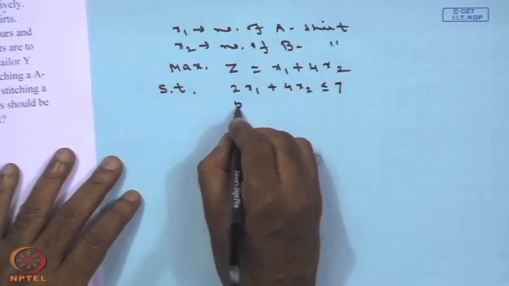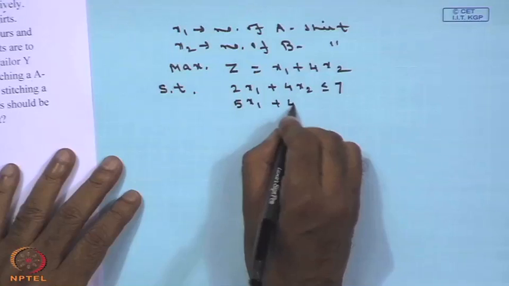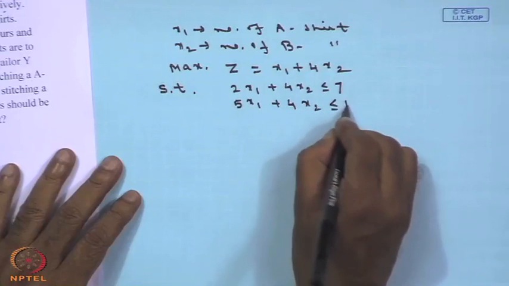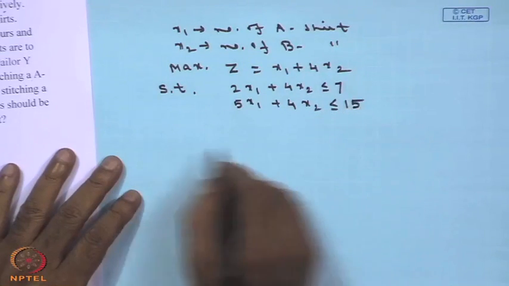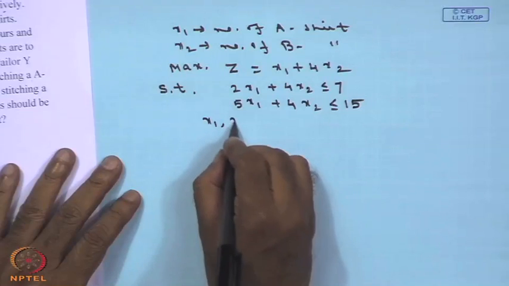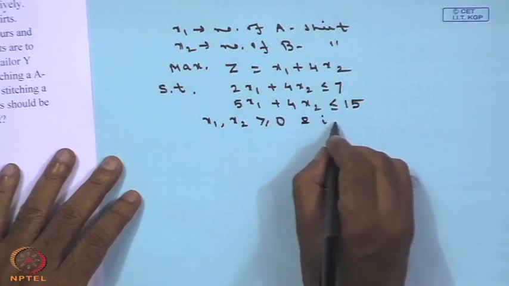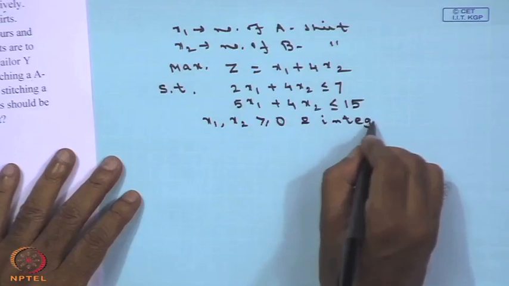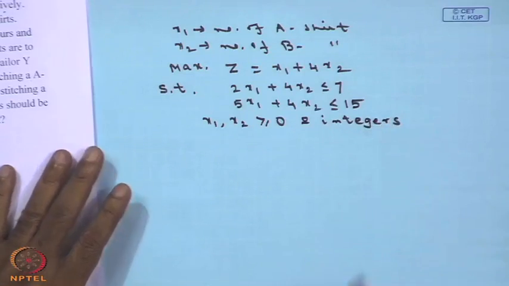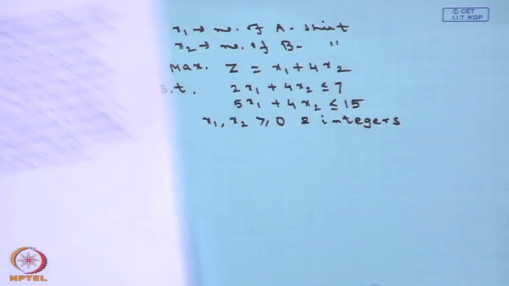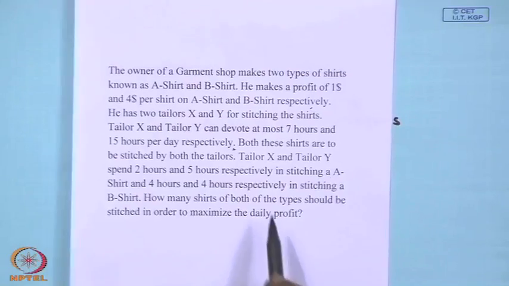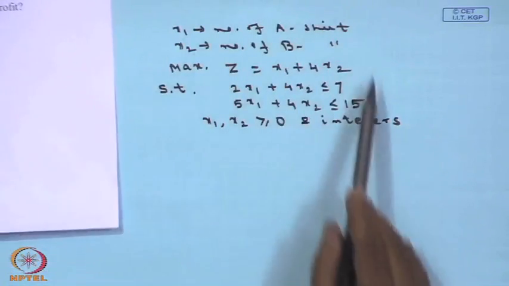Therefore, the second constraint will be 5x1 + 4x2 ≤ 15. And obviously, for the number of shirts they are making, x1, x2 must be greater than or equal to 0, and both x1 and x2 must be integers from a practical viewpoint. So, this was the problem. From the problem, we formulated the LPP.